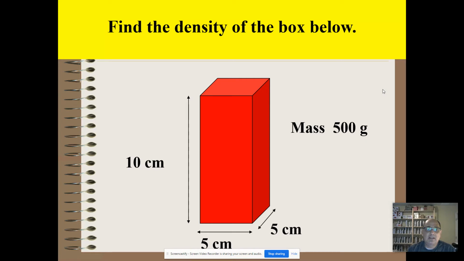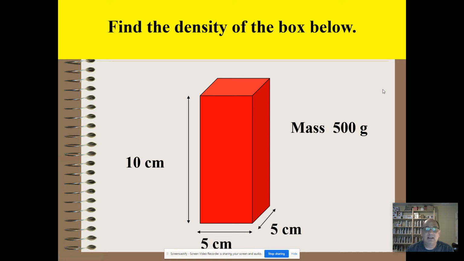Now, if I look at this diagram here, I have a box, or not a cube, a rectangle, and it measures 10 centimeters by 5 centimeters by 5 centimeters, and it has a mass of 500 grams. And remember, you should have learned that density is mass divided by volume, right?